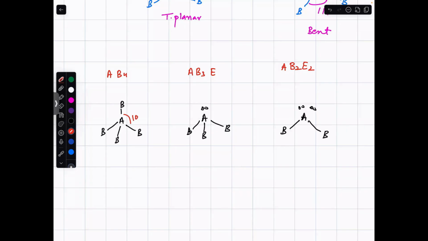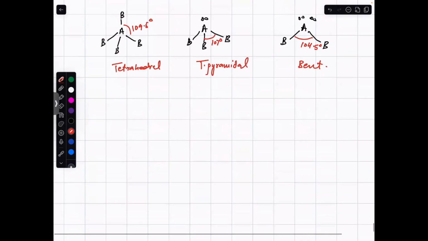So 109.5 tetrahedral, 107 pyramidal, 104.5 bent. Tetrahedral, trigonal pyramidal, and bent.